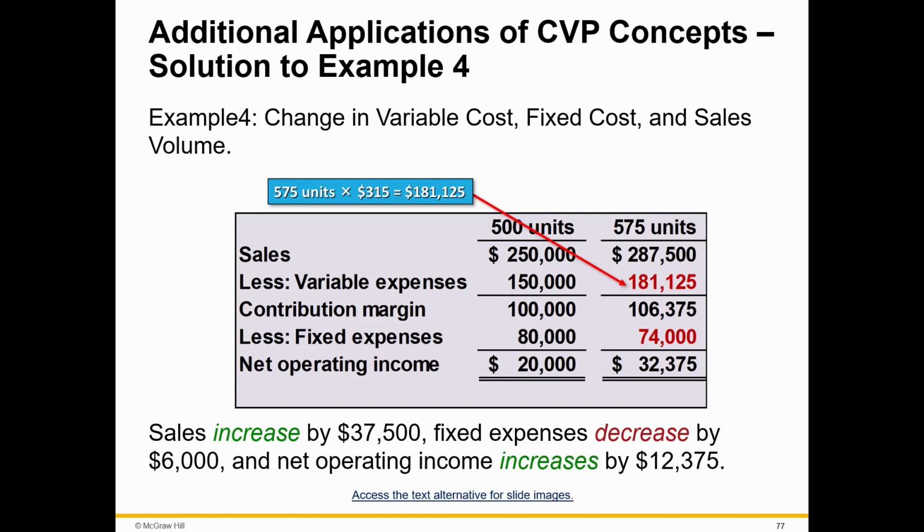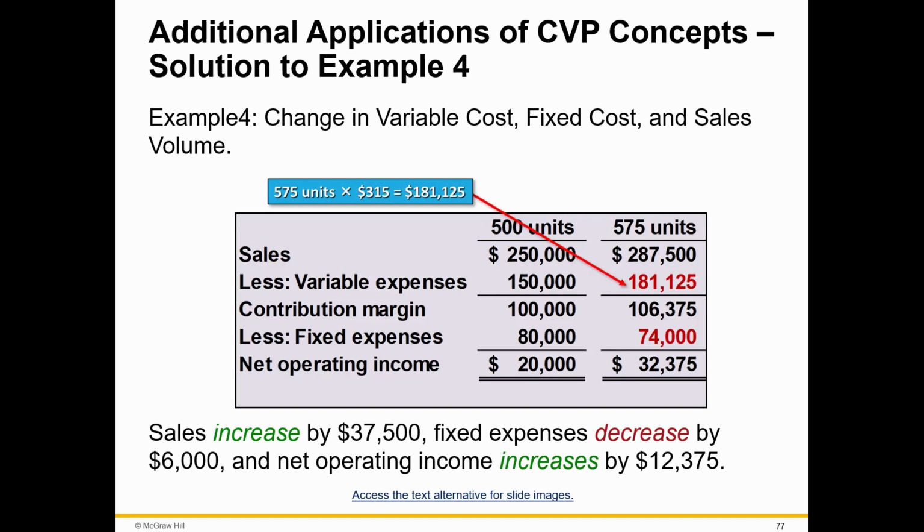287,005. Our variable expenses would increase because of the commission, to 181,120. Our contribution margin would go up to 106,375.